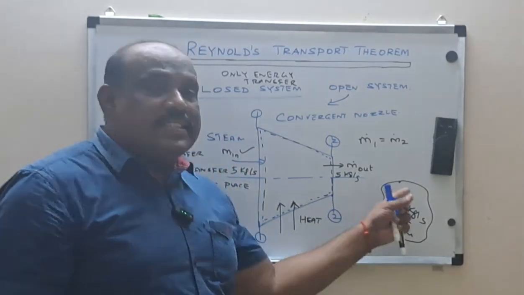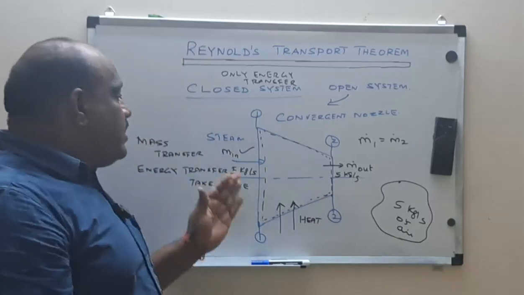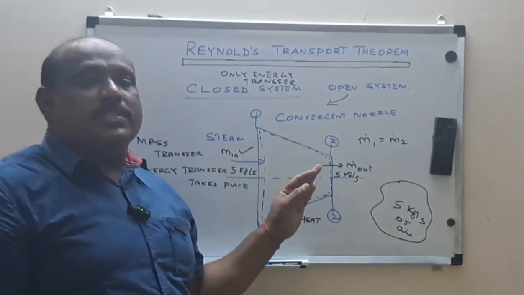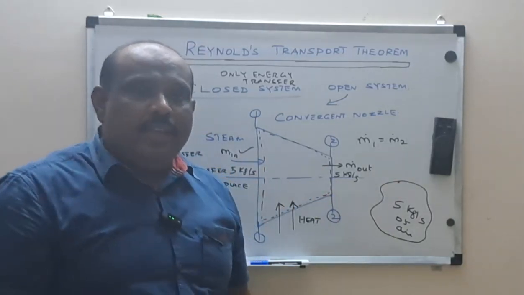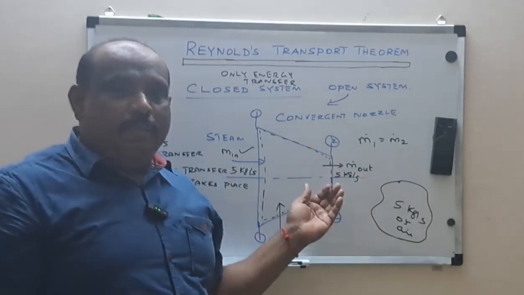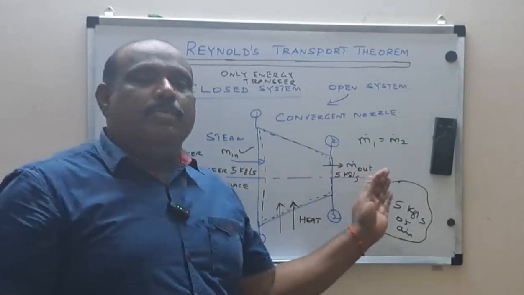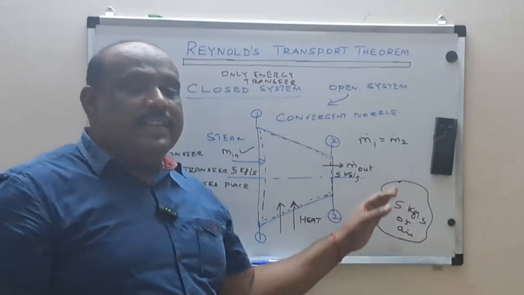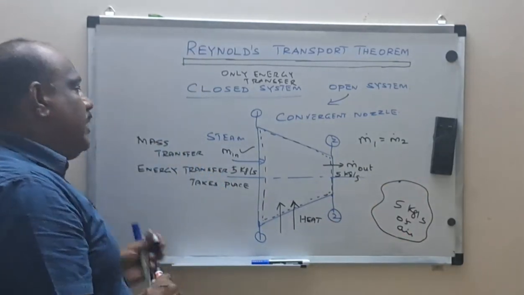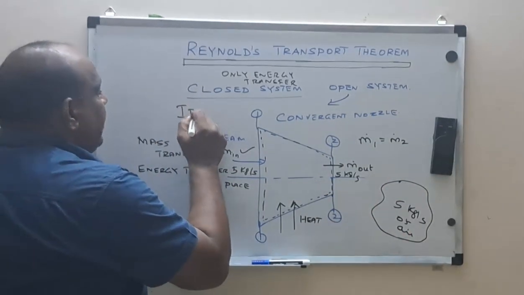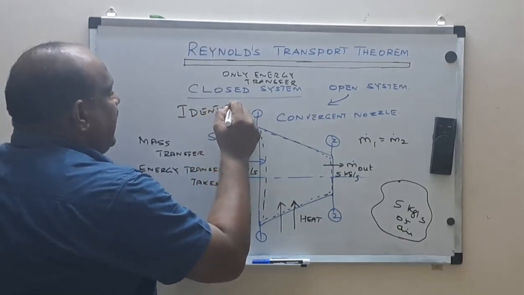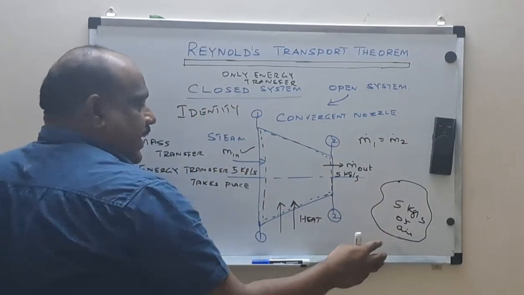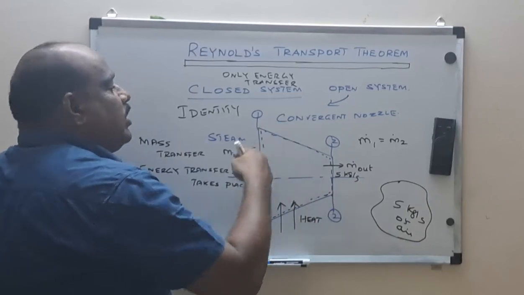Here the same molecules are retained. Here some molecules enter and leave, and some other molecules come. Even though both are air, it's not able to retain the same molecules. Some amount of air molecules is coming, some is leaving. But here we are retaining the same molecules. This is given by a term called identity. Even though the mass remains the same in both cases, the same molecules are not there.